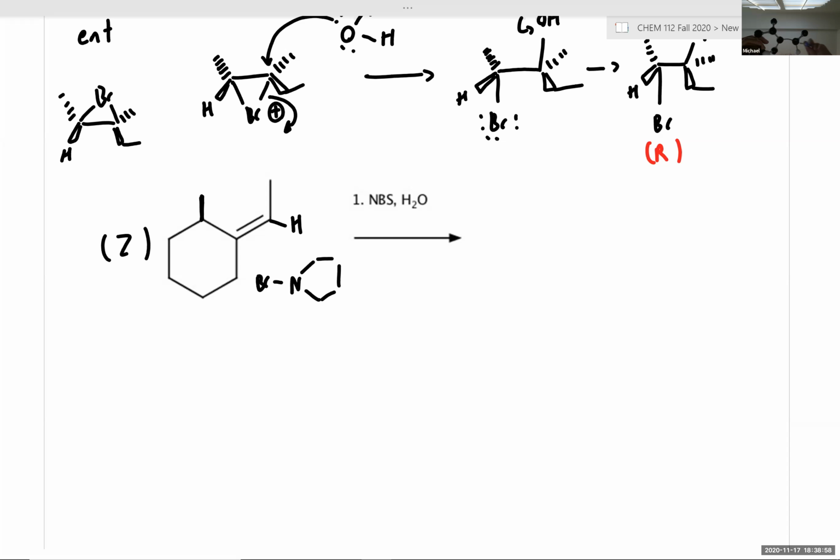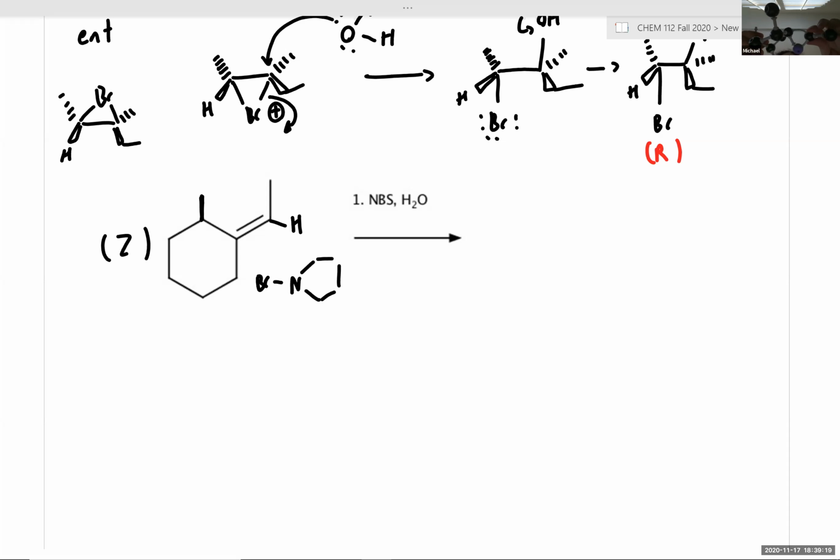So we get a mixture of attack from the top and the bottom face. In most cases, you always observe a mixture unless there's a strong biasing factor in your molecule. So we're going to generate our bromonium intermediate.